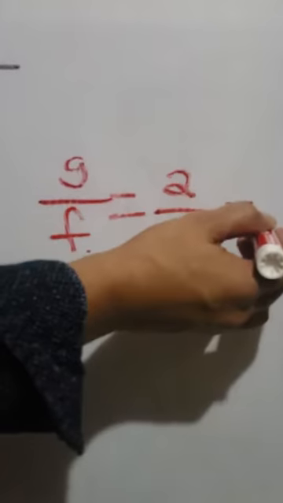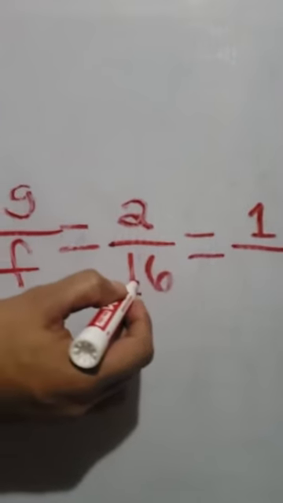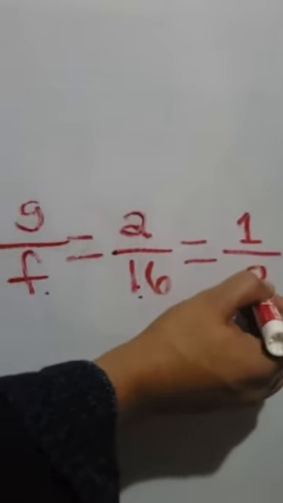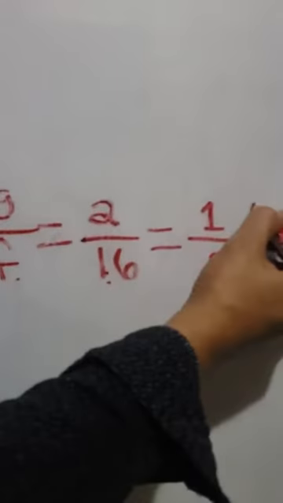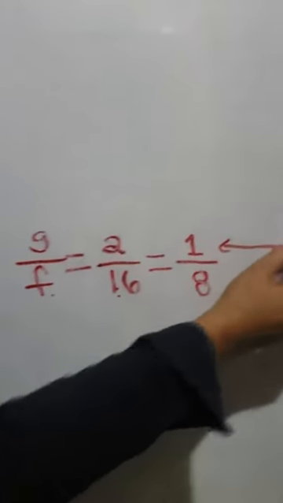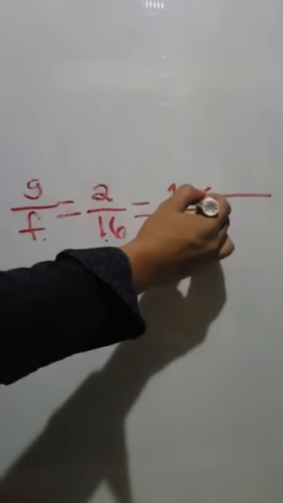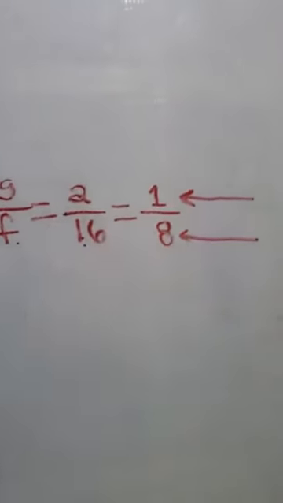Let's simplify this. 2 divided by 2, 1. 16 divided by 2, that will be 8. Now, remember this. If the number 1 is at the top, the number at the bottom is going to divide.